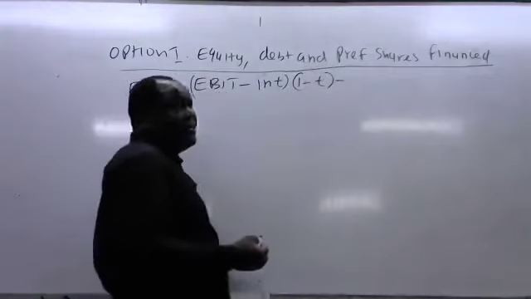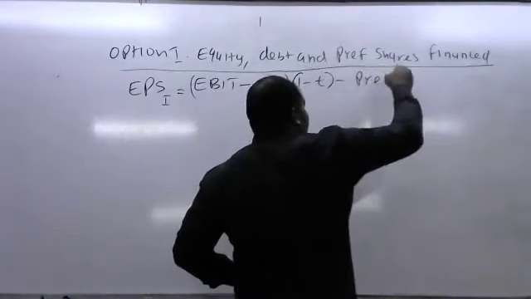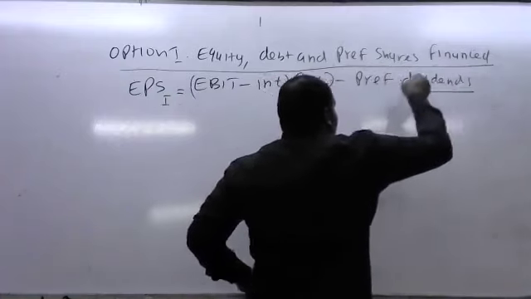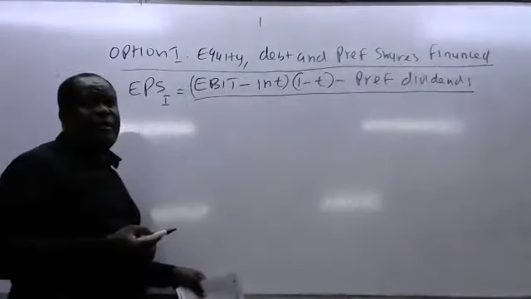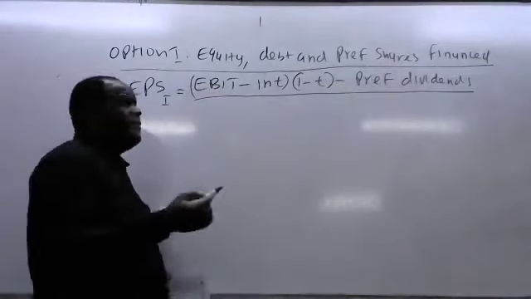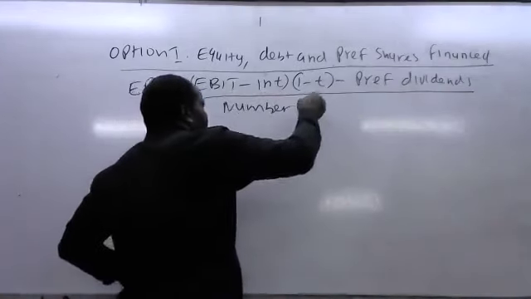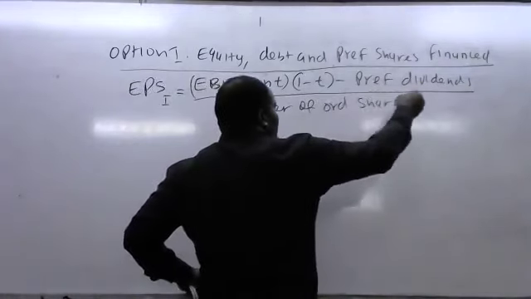Then you subtract the preference dividends. Then you will be required to divide by the number of ordinary shares.